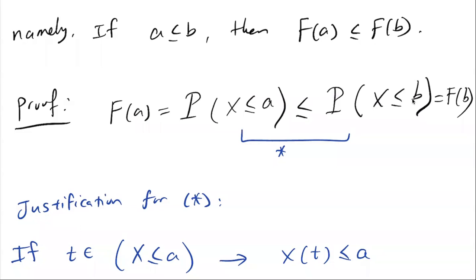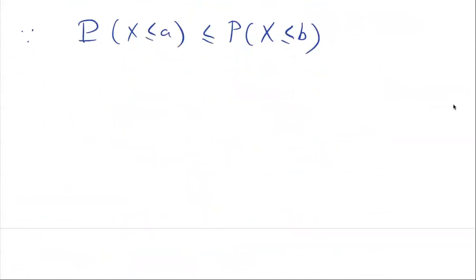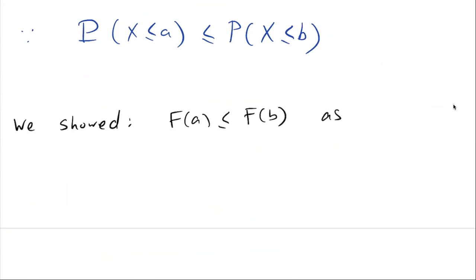So probability X less than or equal to B is the same as capital F of B. So that means we showed that capital F of A is less than or equal to capital F of B, as desired. And this means our CDF function, capital F of t, is an increasing function.